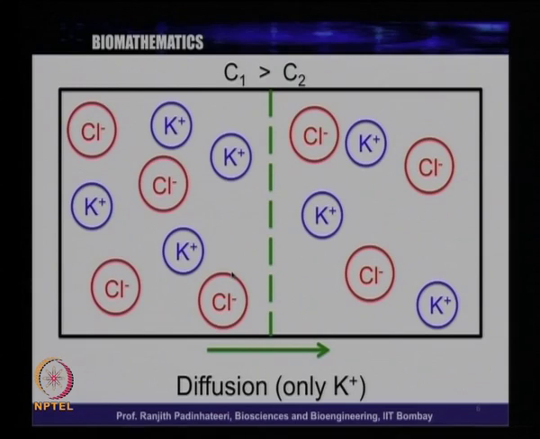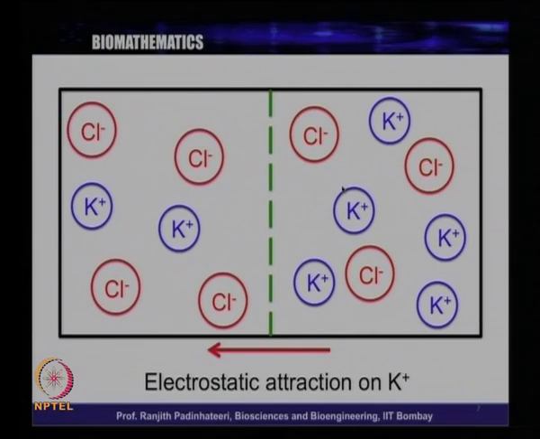So, we had this situation where K plus will go from here to here, because there is more concentration here and less concentration here. And what would that lead to? That would lead to this. So, more K plus here and less there. It will lead to the K plus going here, but only K plus can go.